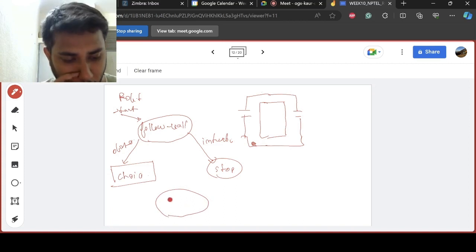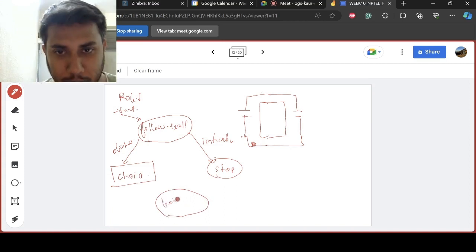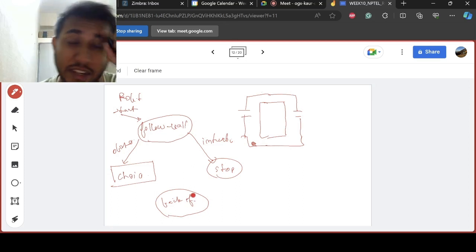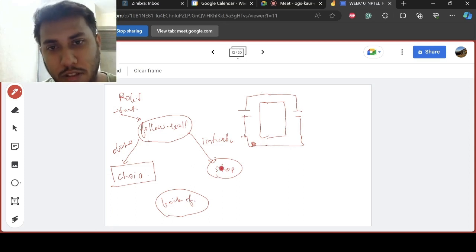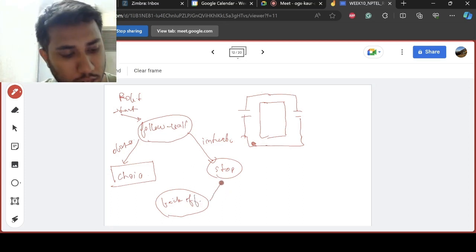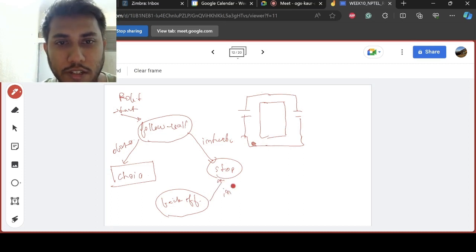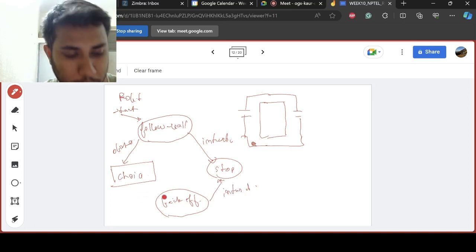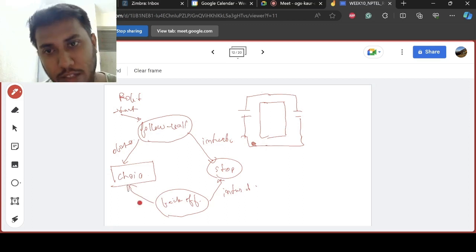Another option is back off, like it goes around the obstacle. So here it makes one call as intersection and another as obstacle.